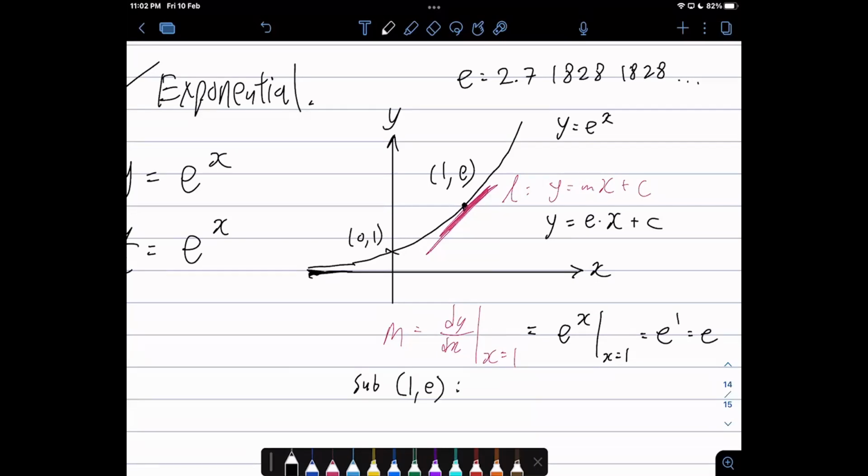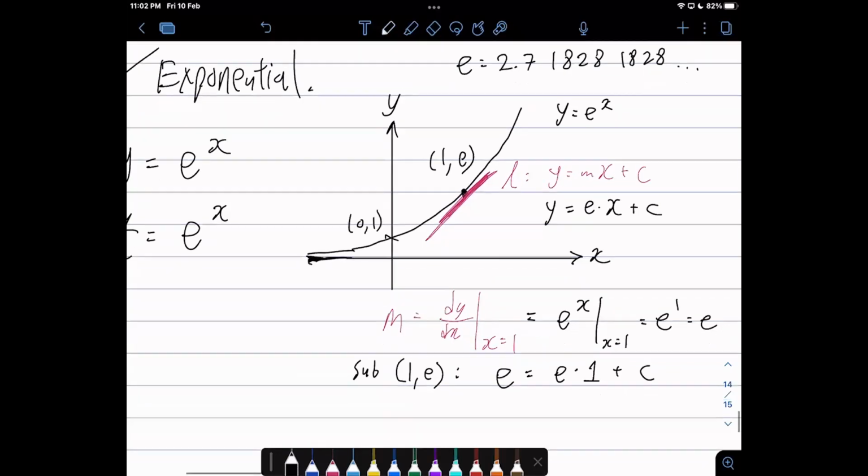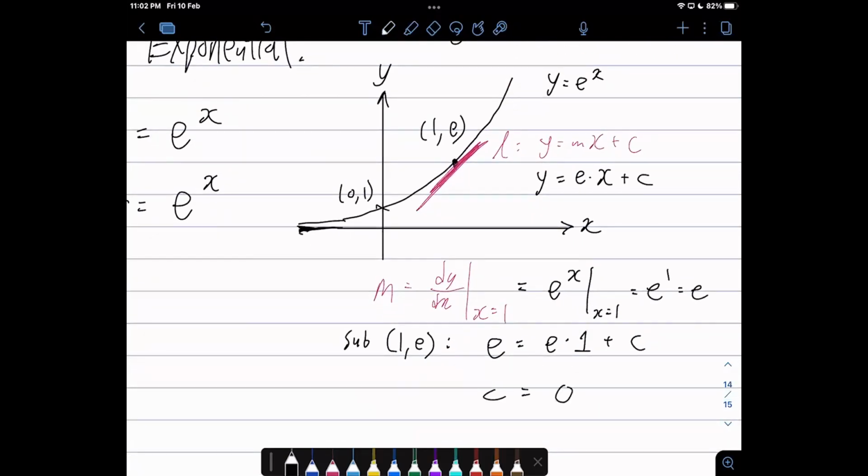Sub in x comma y. So we end up with e equals e times x, sorry, forgot to sub the x, times 1 plus a constant. So this means that the constant must be 0. This means you have y equals e times x plus 0, which is e times x. That's the equation of the line.